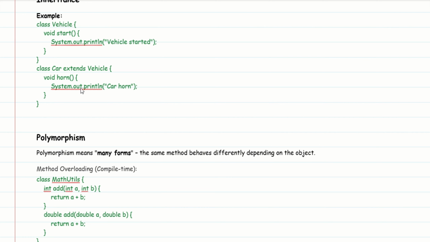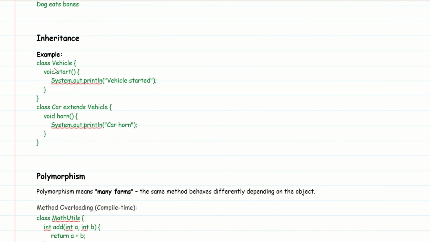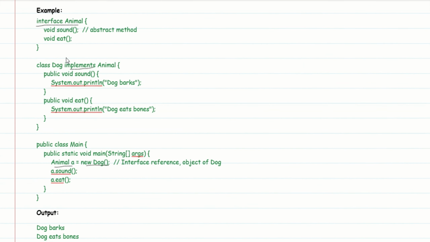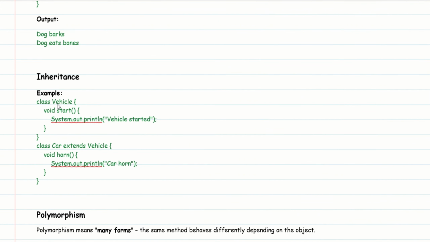If we go with the class approach, here you can see we have a class called Vehicle, and it has a method start. Don't confuse class and interface. An interface won't have any implementation; a class will have implementation, and you can see I have a start method within the class. It says "vehicle started".